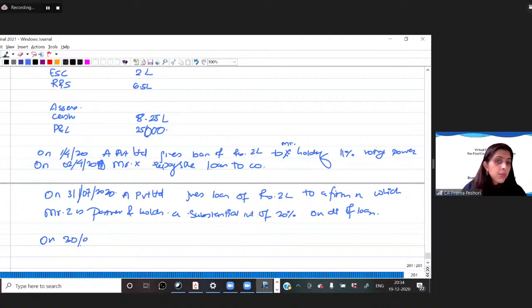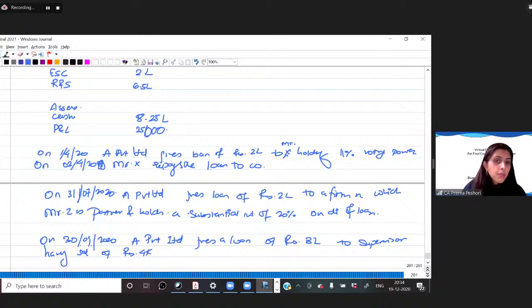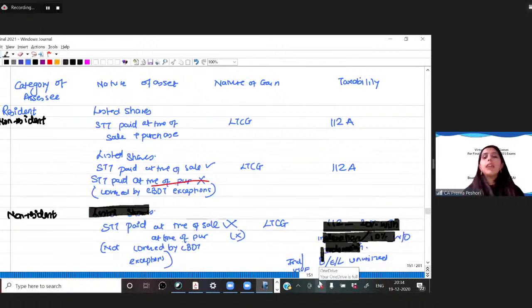On 30th September 2020, A Private Limited gives a loan of rupees 3 lakh to a supervisor having a salary of rupees 4K per month, who in turn advances the said amount of loan to Mr. P, who holds 70% of paid up share capital of A. Discuss the taxability under 222E.